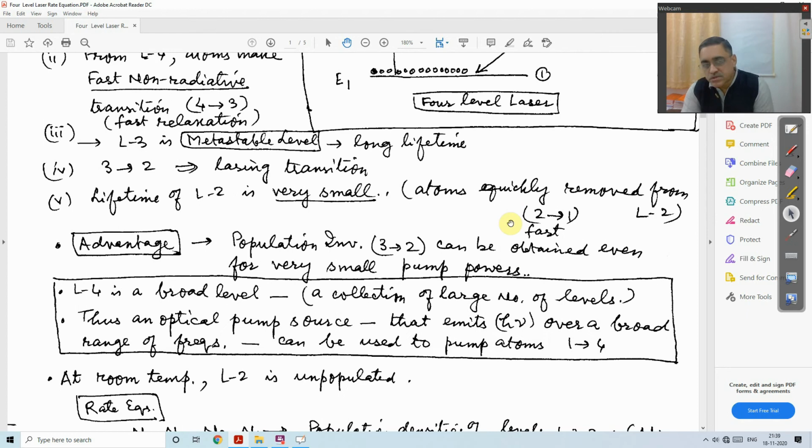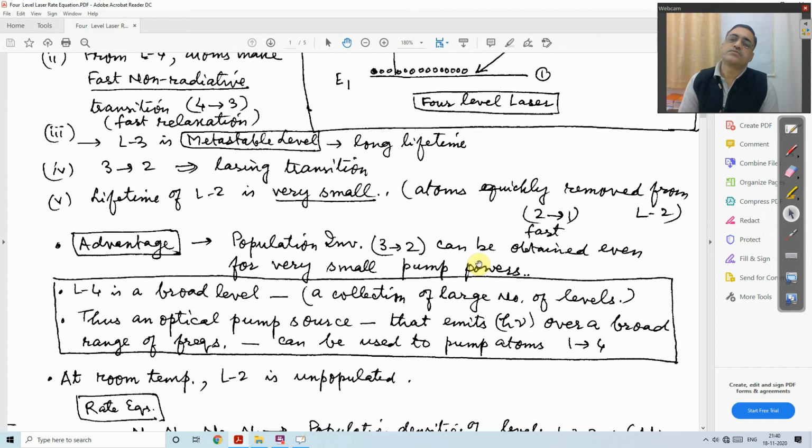And now what is the advantage? Advantage is that the population inversion 3 to 2 can be obtained even for very small pump powers. This is a major advantage which lagged in the 3-level laser.